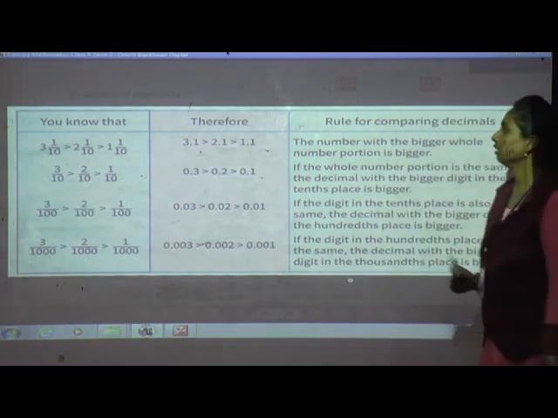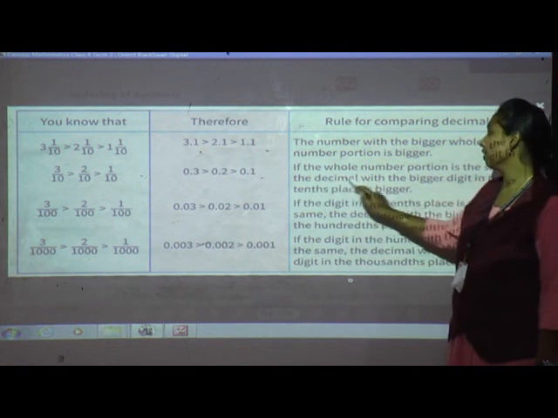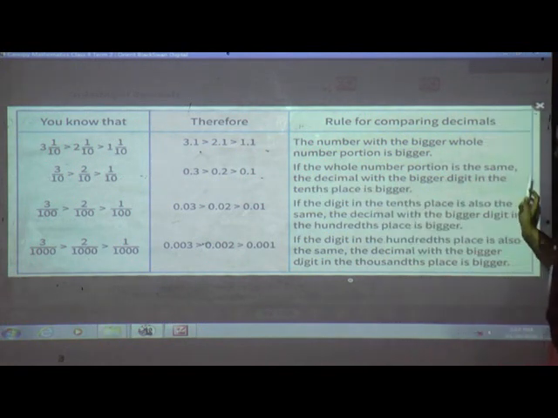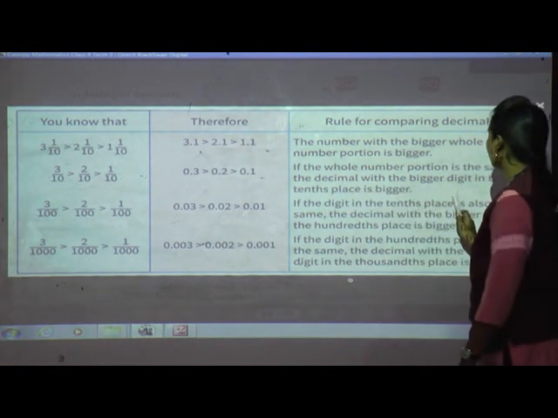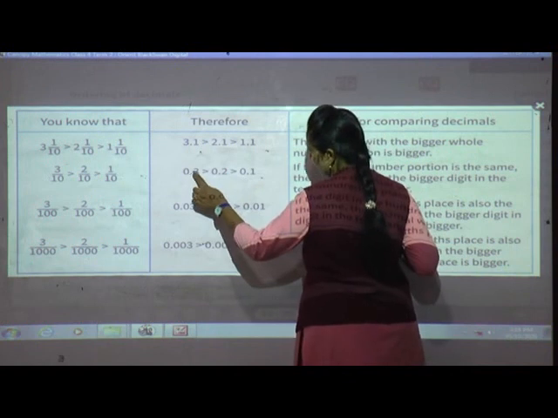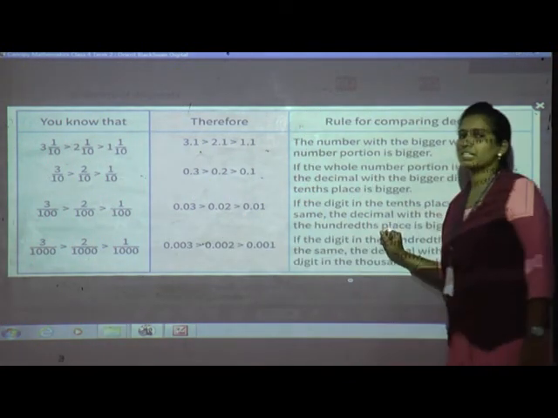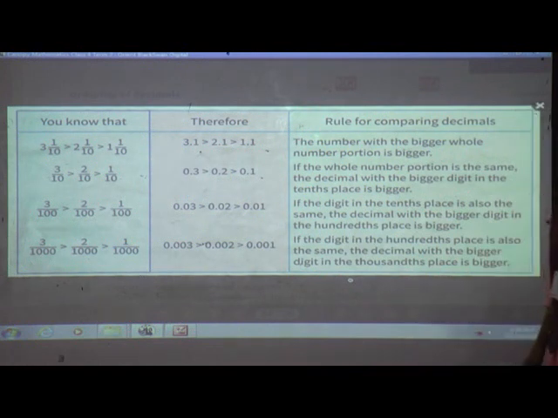So in this, what can we make the rule for comparing the decimal? If the whole number portion is the same, the decimal with the bigger digit in the tenths place is bigger. Now see, these are the tenths place, 3, 2 and 1. So whatever the bigger number in the tenths place is there, that will be the bigger number.